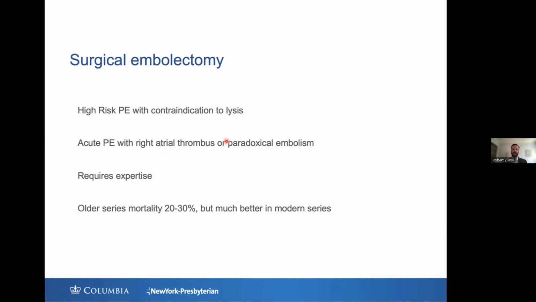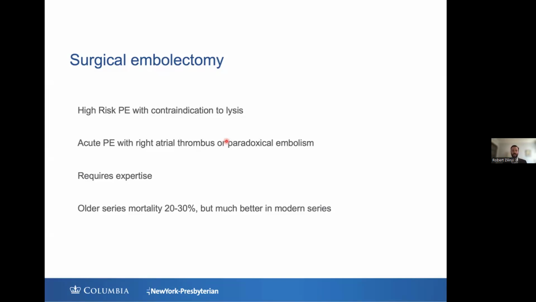There's a lot of patients who have relative and absolute contraindications to lytics. There's also an increase in time to diagnosis that may prevent patients from receiving appropriate therapy, and it requires expertise. There are older series that are showing that these patients really don't get the care that they need.